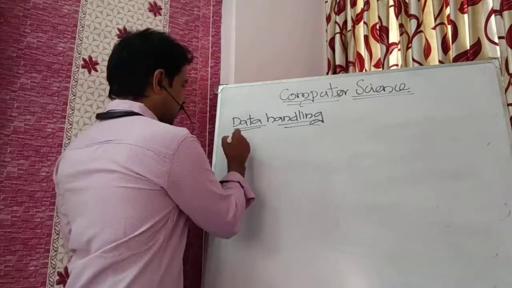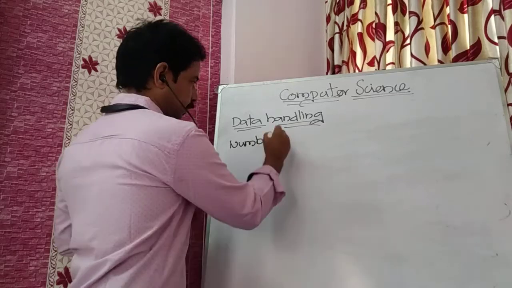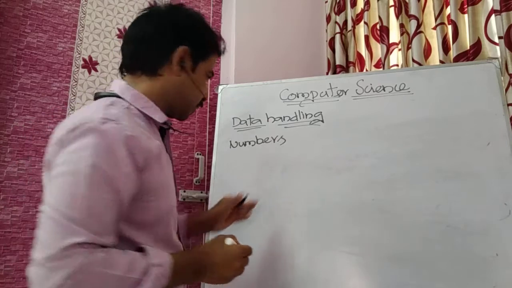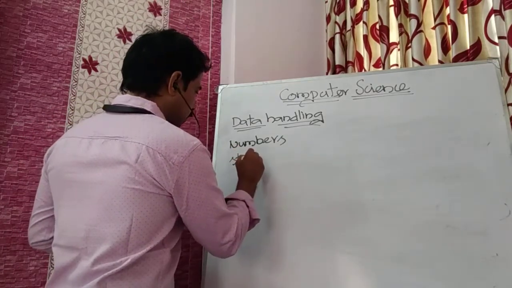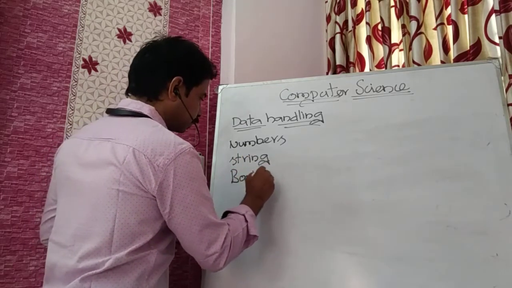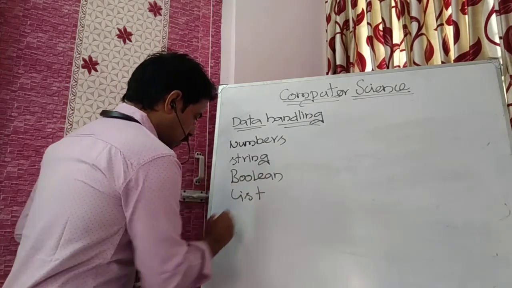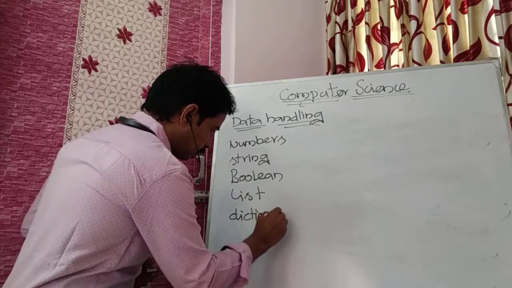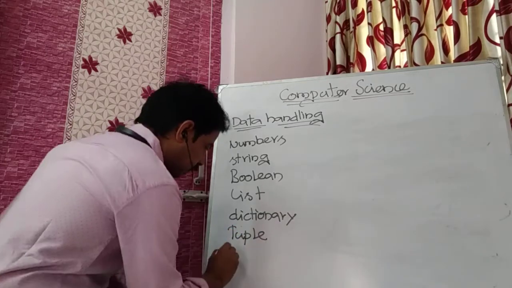Basic types are, see, we have numbers, commonly numbers, and under that something is there, that we will see. Numbers, then string, then boolean, then list, then dictionary, then tuple, then set.